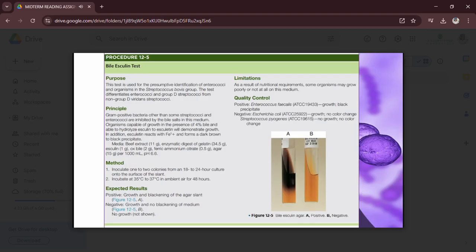So usually your organism will grow in 4% bile and be able to hydrolyze the esculin to esculetin. Esculetin naman will bind, no? Will bind with, or react rather, with your ferric ions. And then that reaction will give you a dark brown to black precipitate.